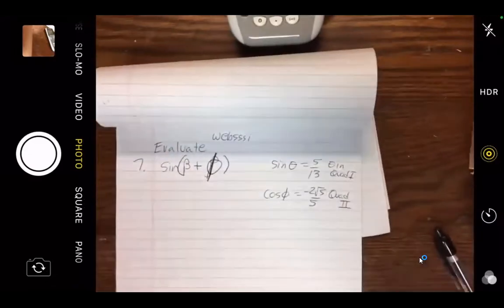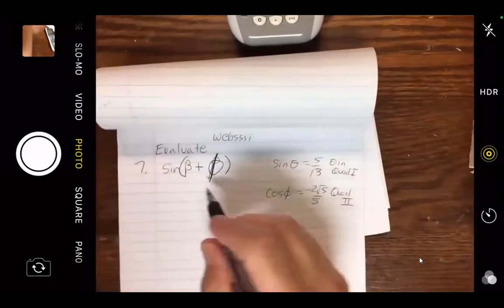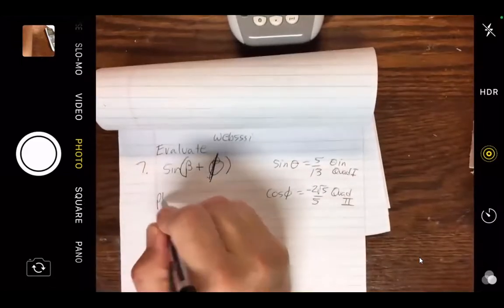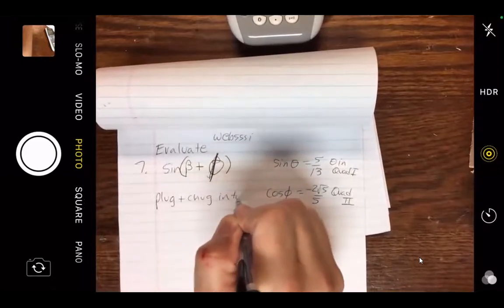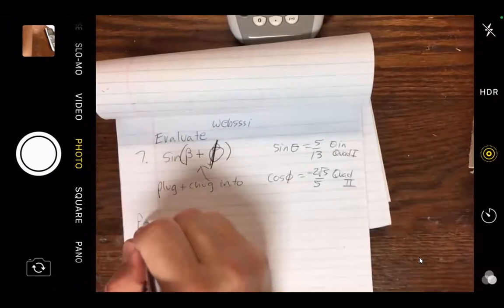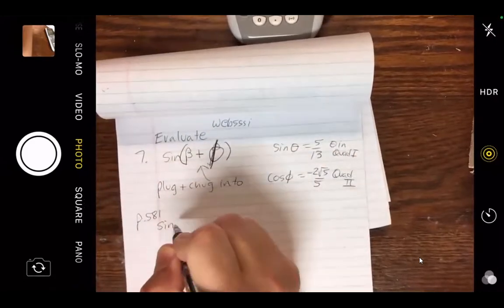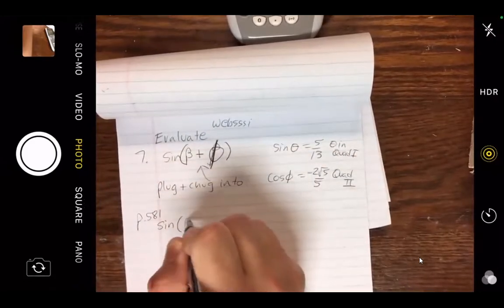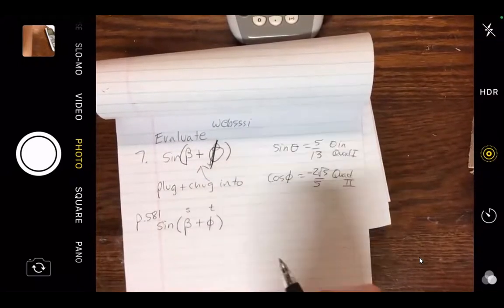There we are. It really is nothing but plug and chug into this. So you need from page 581, write out what this is. And again, they're using these symbols. So this is like your S and this is your T.